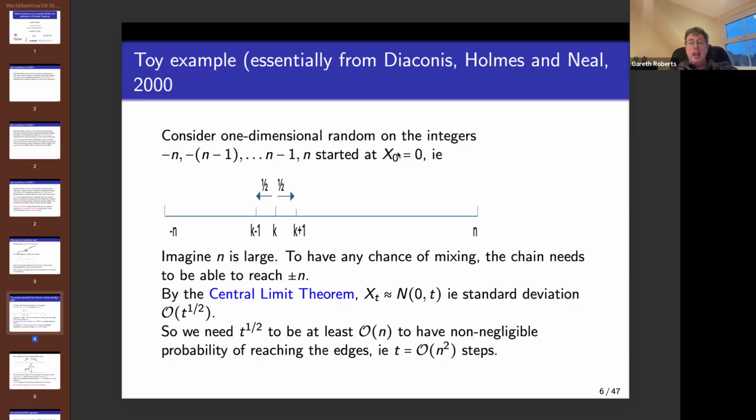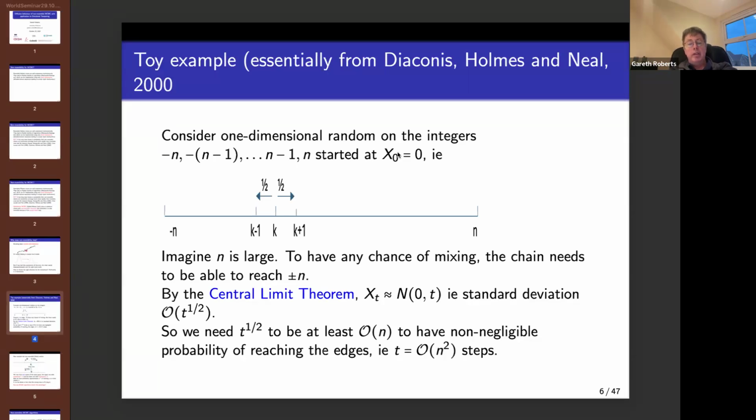Okay, so imagine n is large, and how long does it take for such a Markov chain to mix? This is a very well studied problem, and the intuitive logic normally goes along these lines. Suppose that we run this chain for t steps. Then if t is not too large, by the central limit theorem, we'd expect X at time t to be normally distributed with mean 0 and variance t.